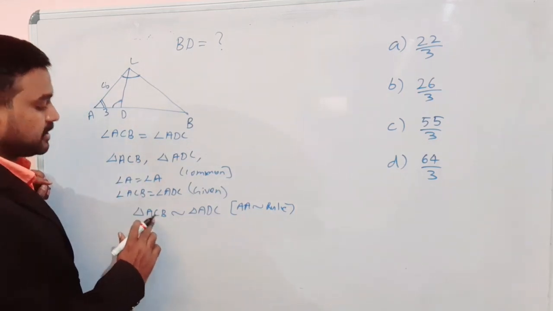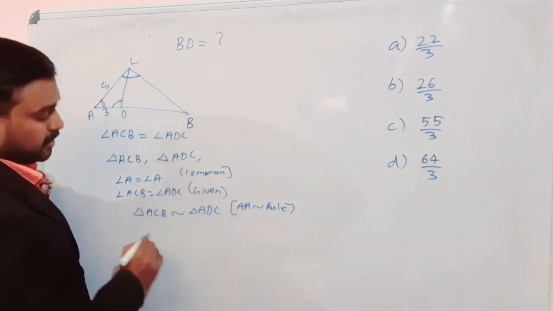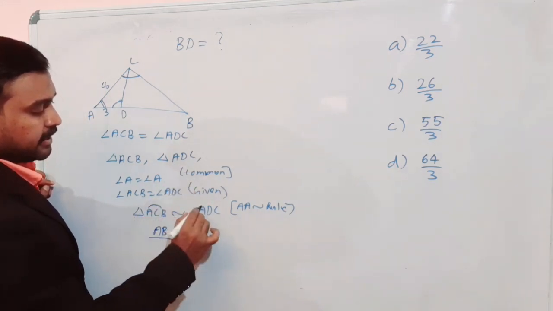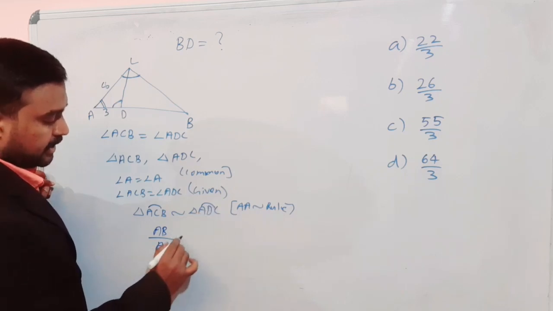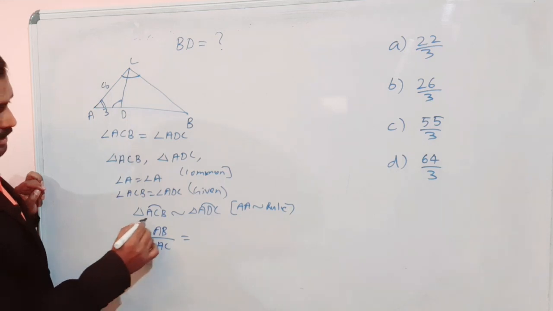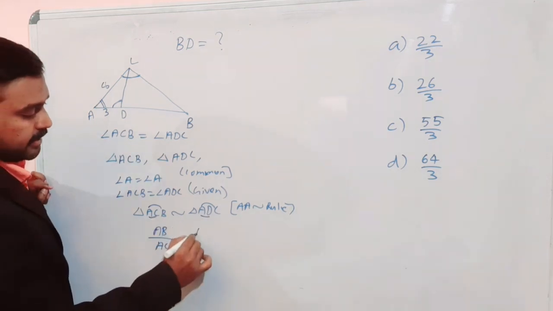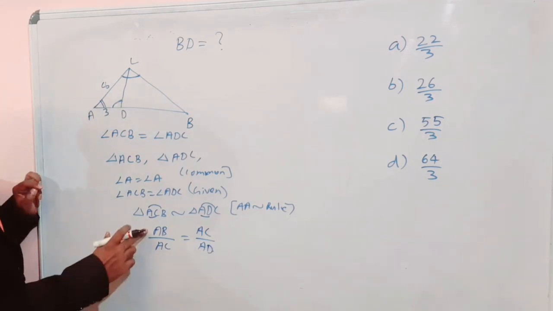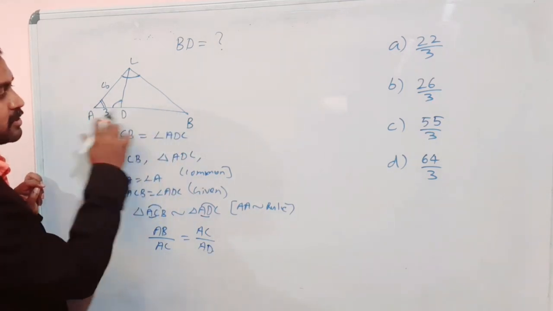So we can write AB by AC is equal to AC by AD. Now we can insert the values. AB is not given, so we don't know that.